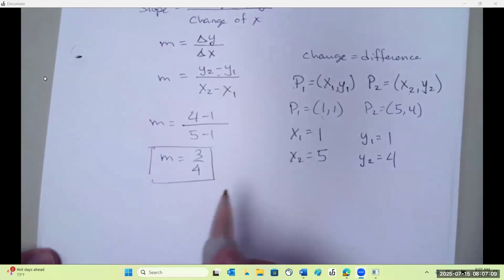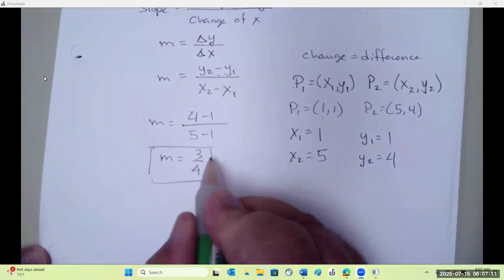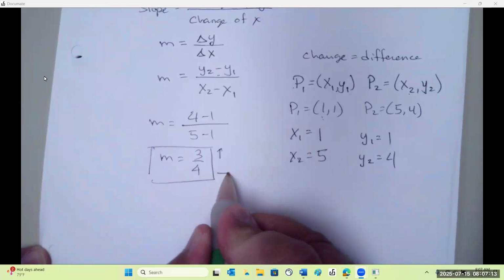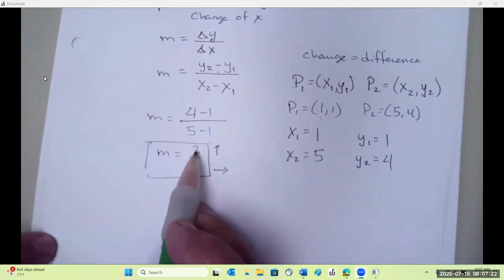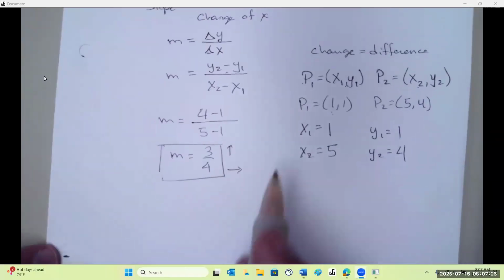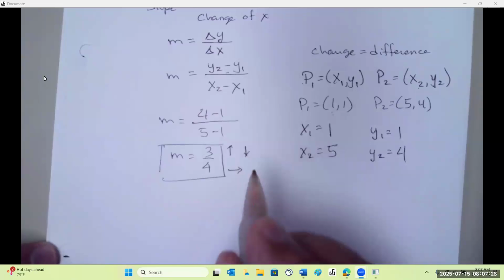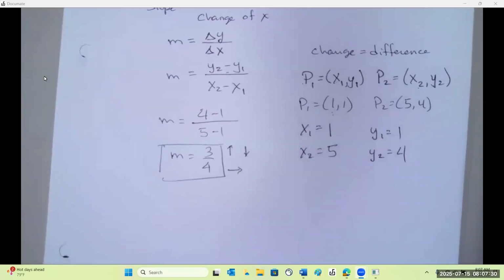Because what this one says is, wherever my first point is, I go up 3, and then I go over 4. From every point. Because it's positive. If it's negative, I do what? I go down. The top is the only one that changes directions. The bottom always goes to the right.